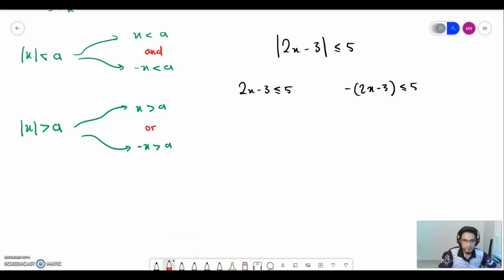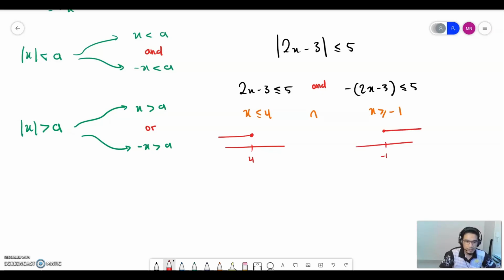But first we look at this. The sign of inequality is less than, so that means the relationship between these two is "and", just what I said before. So we can solve. We have x is less than or equal to 4, and we have x that is bigger than or equal to negative 1. So for this one, 4 goes less than 4, and negative 1 goes bigger than negative 1.